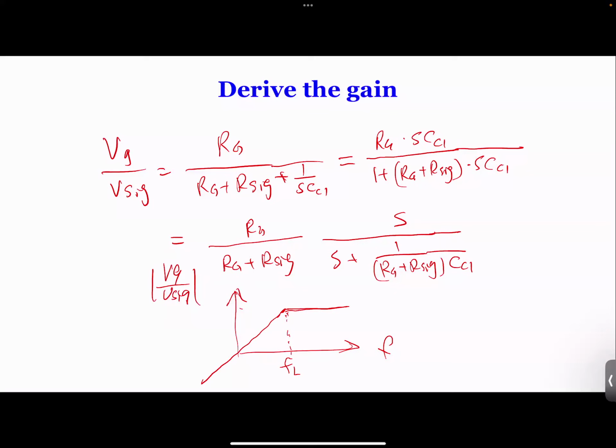And what happens when S is 0? Well, this is 0, and this is also 0. When this is 0, what happens? The whole thing is 0, which means there's no VG. VG is 0, apparently the output is going to be 0. Why is that the case? What does it mean, S is 0?